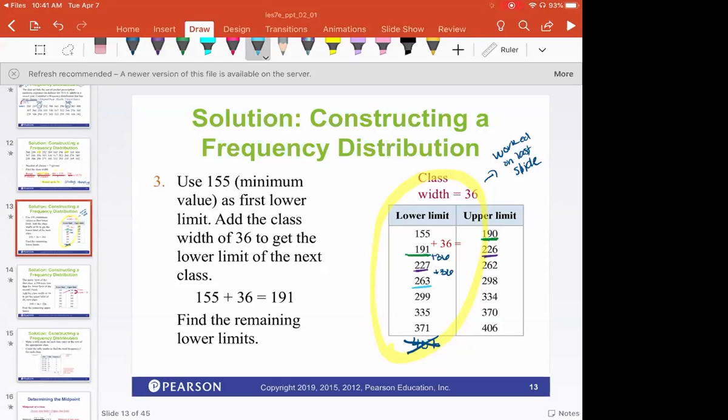If this is 263, the upper limit before it needs to be one less. And that's what it means to be careful to not double count, not double dip, right? So it's really helpful if you first work through your lower limits, and then you have a default upper limit that you must work with.